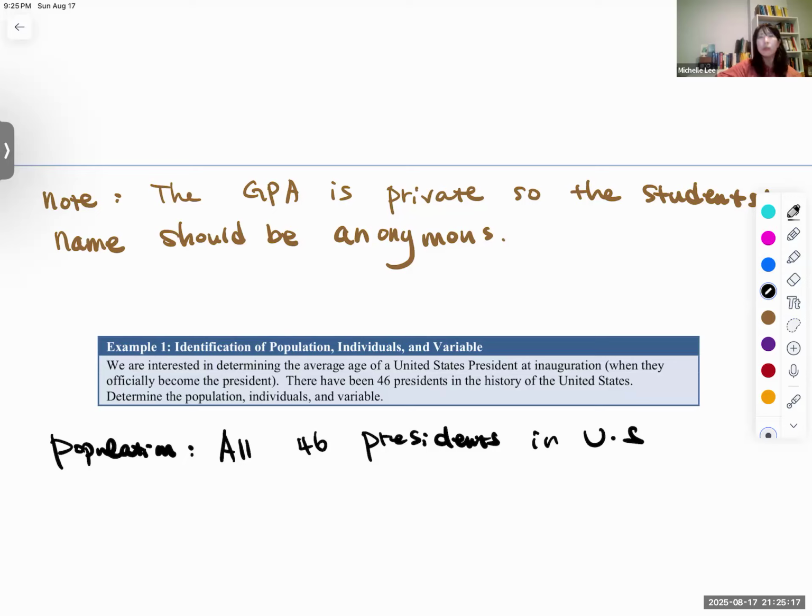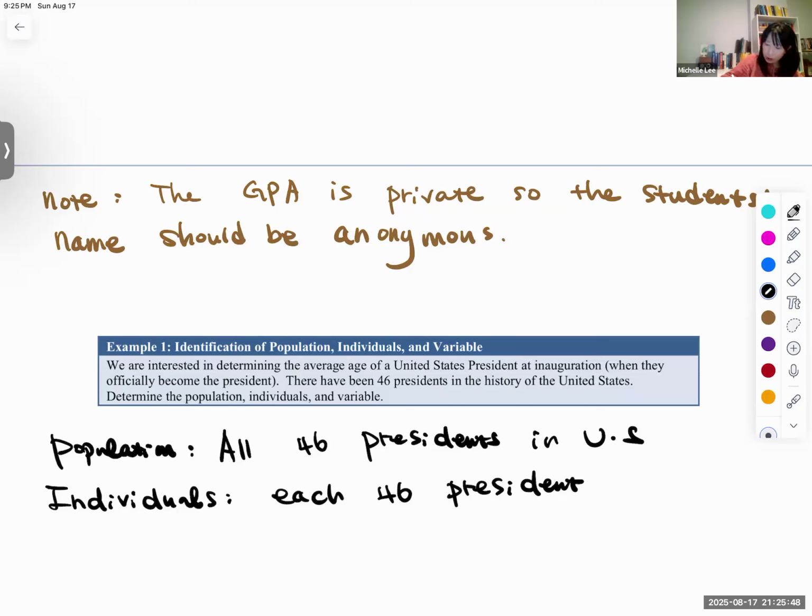Okay, now, what is individual? Since all 46 presidents in US, right? Individual is an individual president, right? So individuals, so each of the 46 presidents. Like George Washington, right?